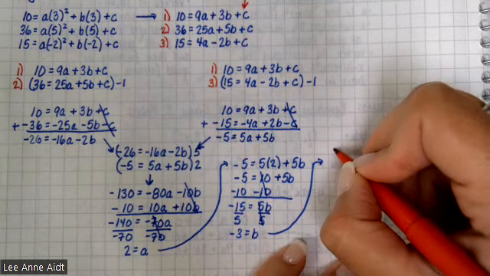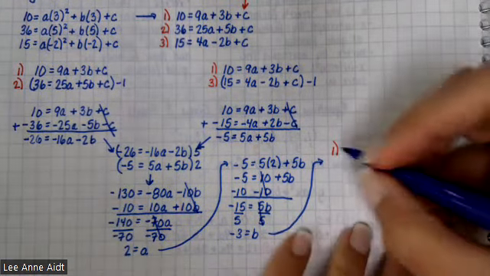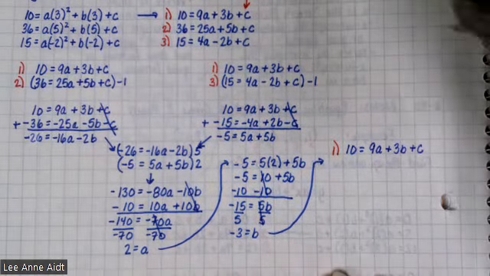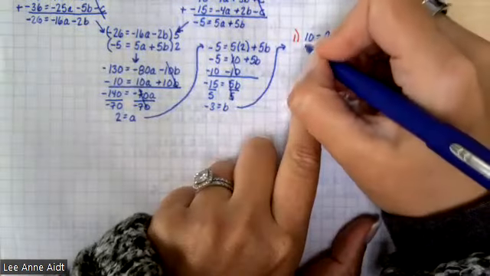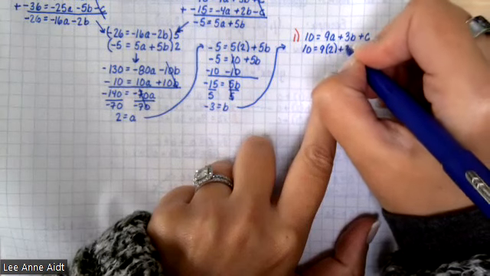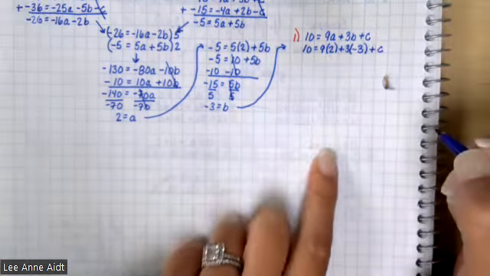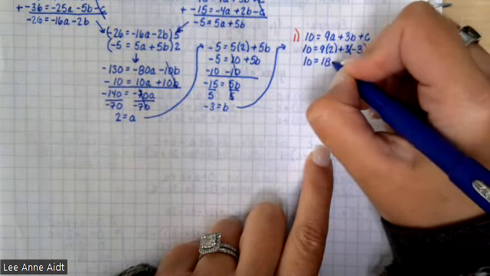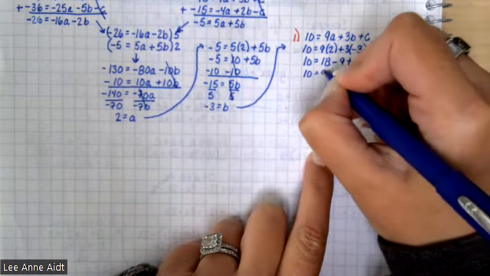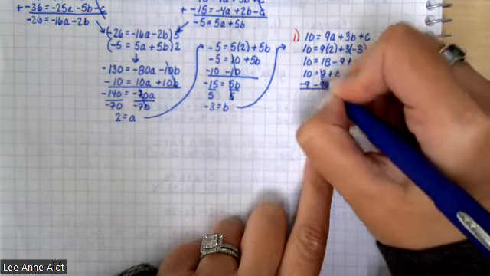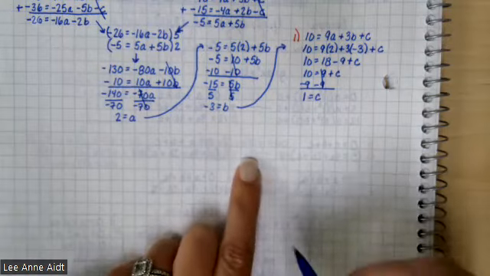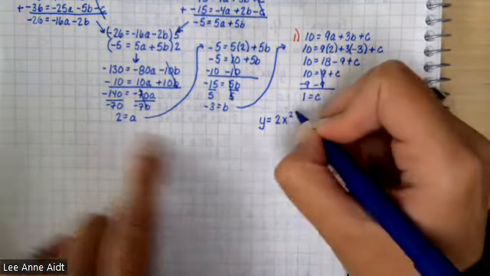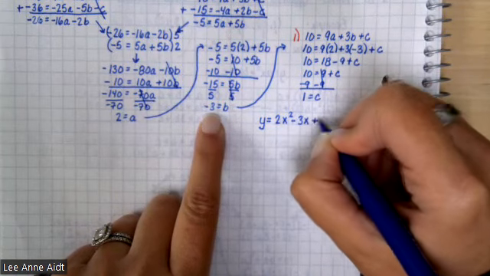I'm gonna go with 1. Okay. Ax squared plus 3x plus c.